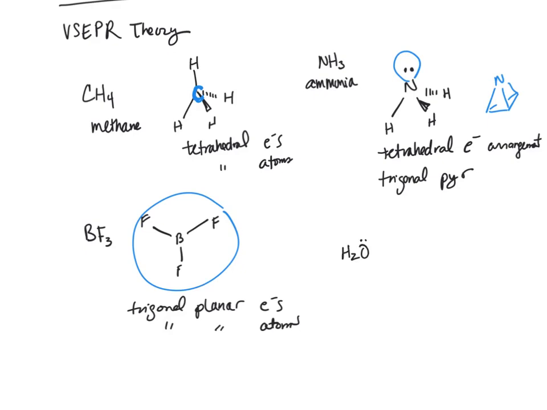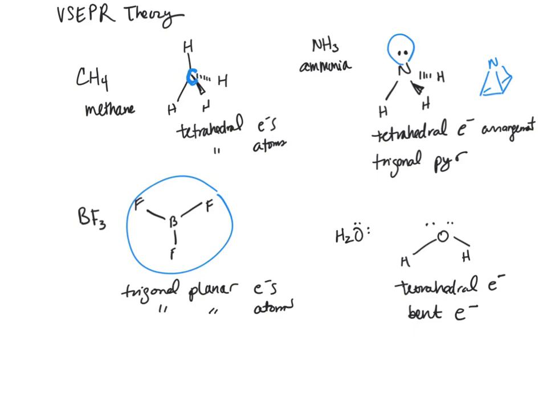Here we've got 2 lone pairs. So again, we have a tetrahedral arrangement of electrons, but now when we look at the atoms, we have a bent arrangement of the atoms.